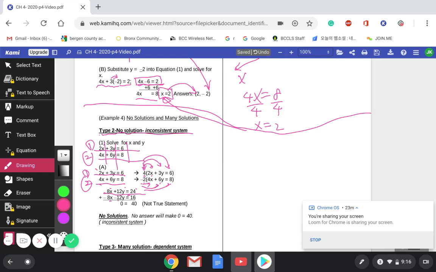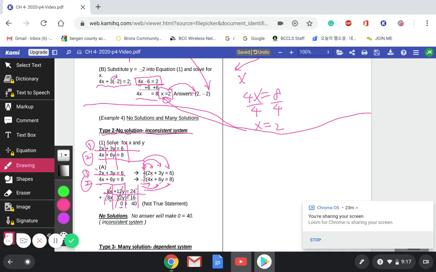So now when you do the column addition, 8x with negative 8x cancel out. So I thought I would have the y values, but 12y plus negative 12y cancel out again. So both x and y cancel out.